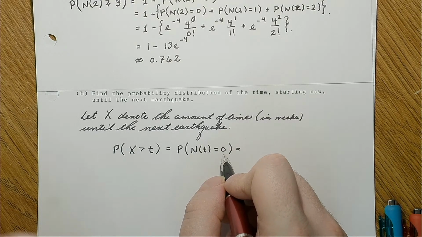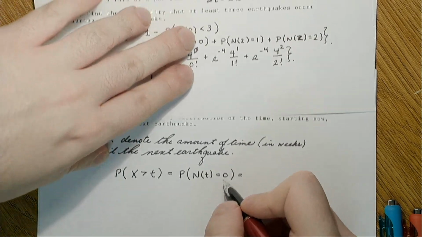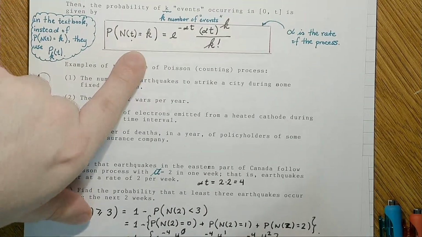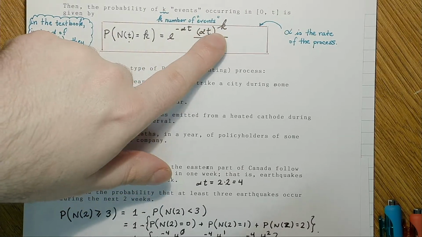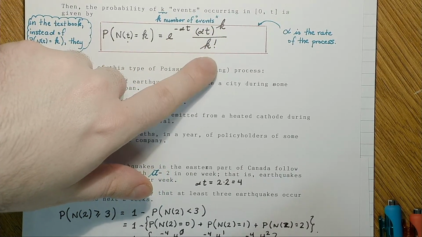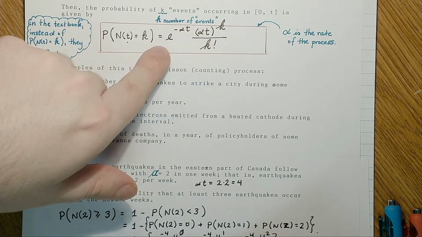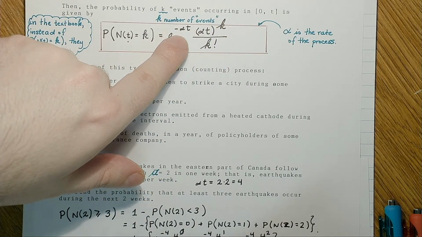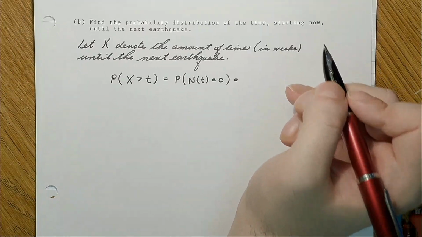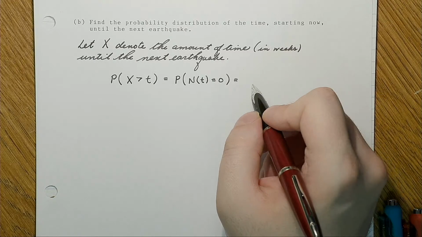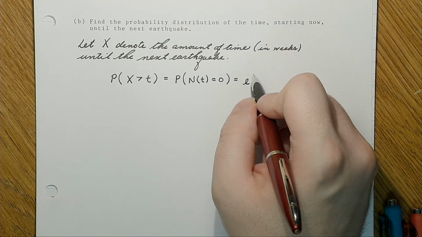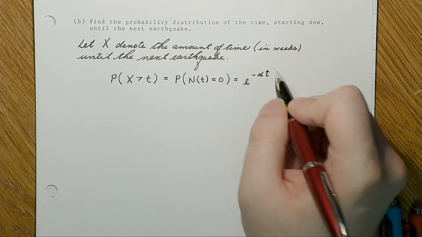So that means that k is equal to 0. We put in 0 here and 0 there, and this term goes away, and we're just left with e to the minus alpha t.